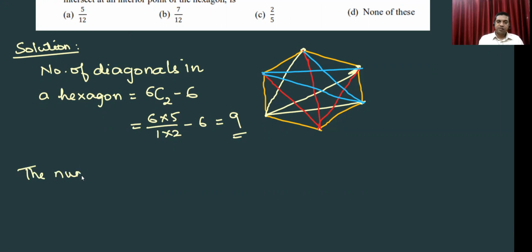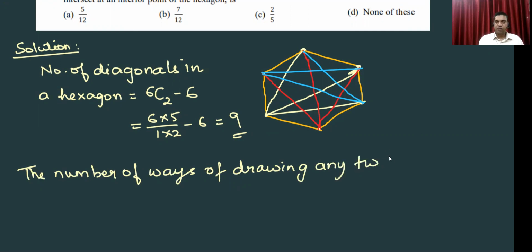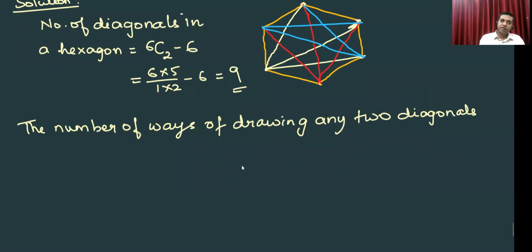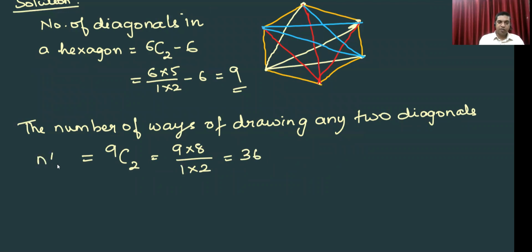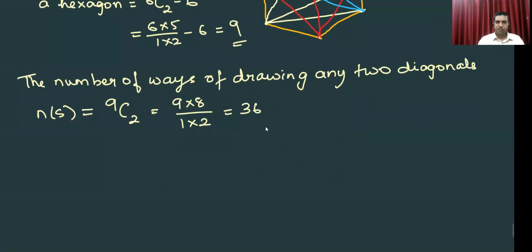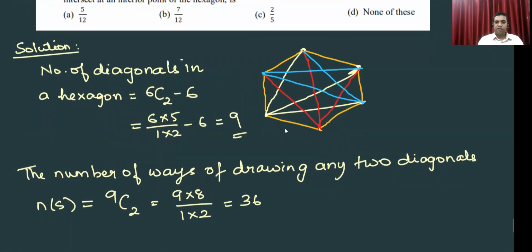The number of ways of drawing any two diagonals is 9C2. 9 into 8 by 1 into 2, 9 fours are 36. This is our n of S. N of S is 36.